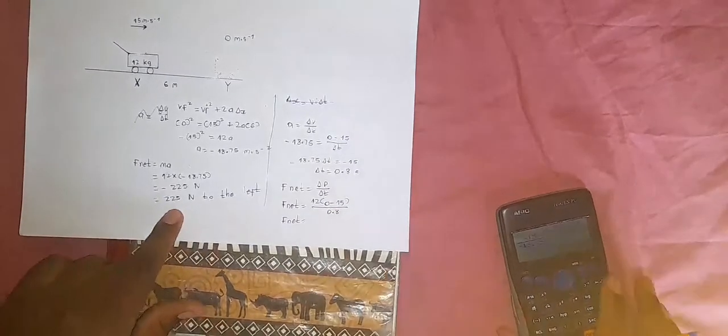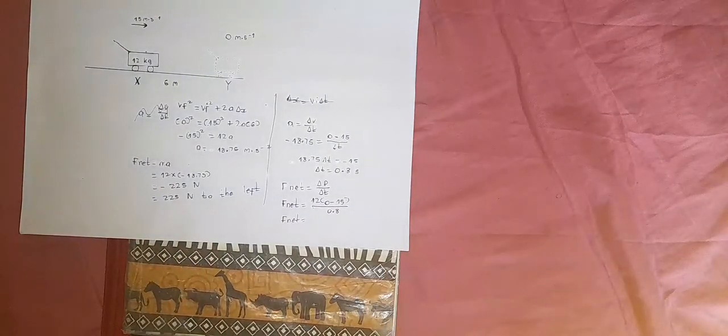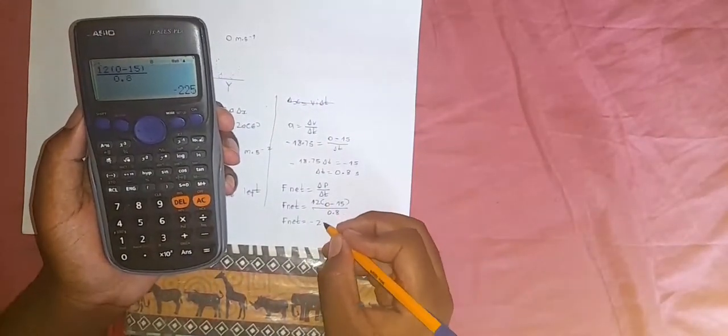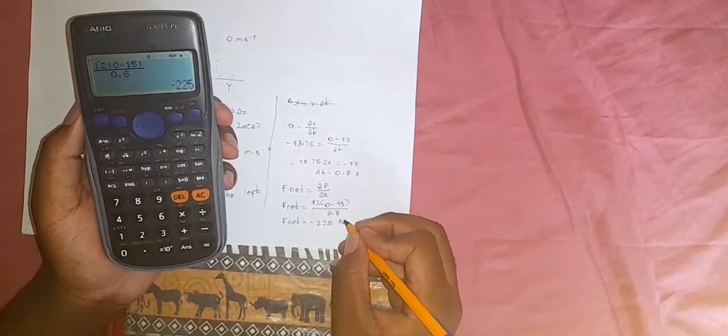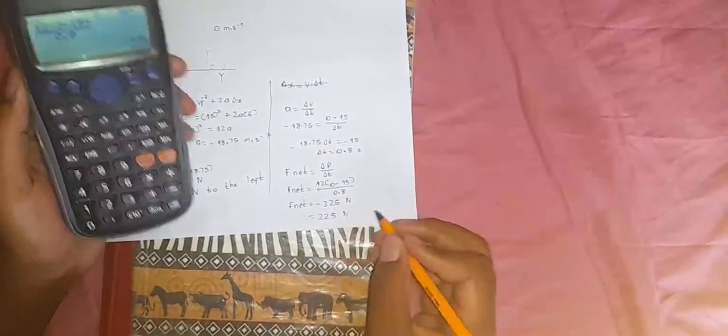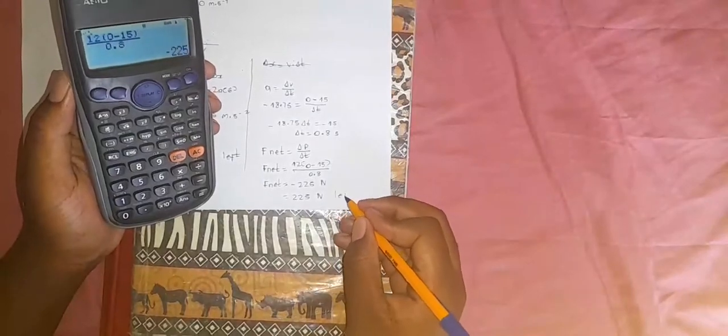I believe it should be the same as this. Let's verify that. It's 12 times 0 minus 15 over 0.8, and look, it's minus 225 Newton, or we can say 225 Newton to the left. So either of the two equations works the same.